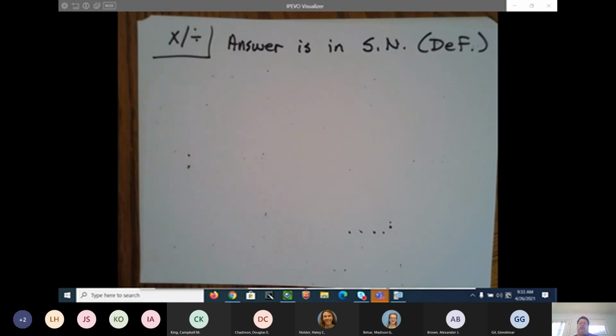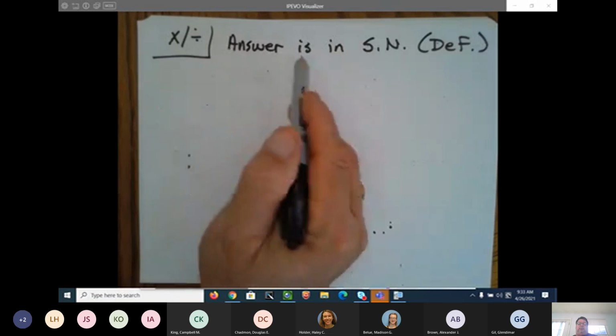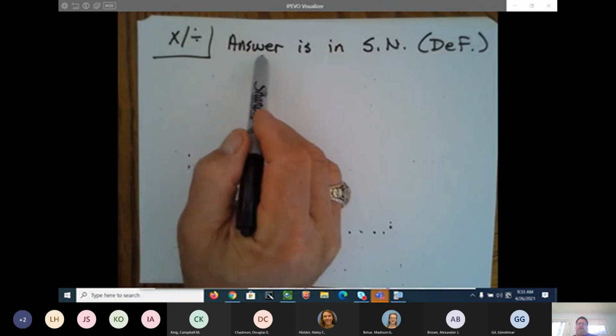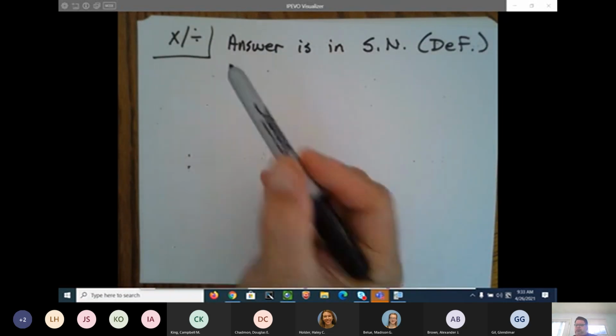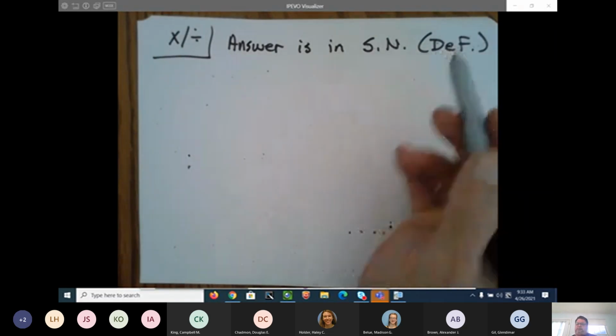This is where students get the problem wrong. They'll do 90% of the problem correct, but they'll screw up the answer. I'd say if I gave you 10 scientific notation problems and I gave you 2 of these, 90% of the class would miss these 2, because y'all forget this last part right here.